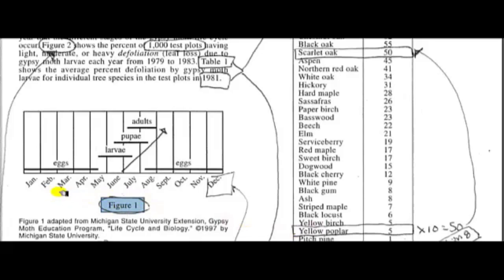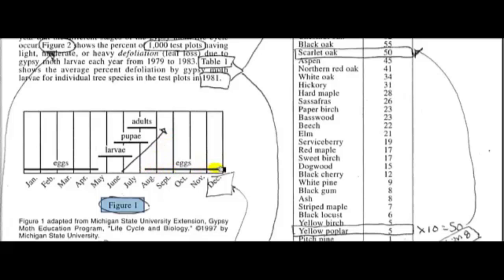In science, that's half the battle. Go to the right area. Then when you look at figure 1, you see that on the x-axis you have months, January through December, and the y-axis has eggs, larvae, pupae, and adults. So how we would read this is: you have an egg, the egg turns into a larva, turns into a pupae, turns into an adult, then the adult will go and create more eggs.